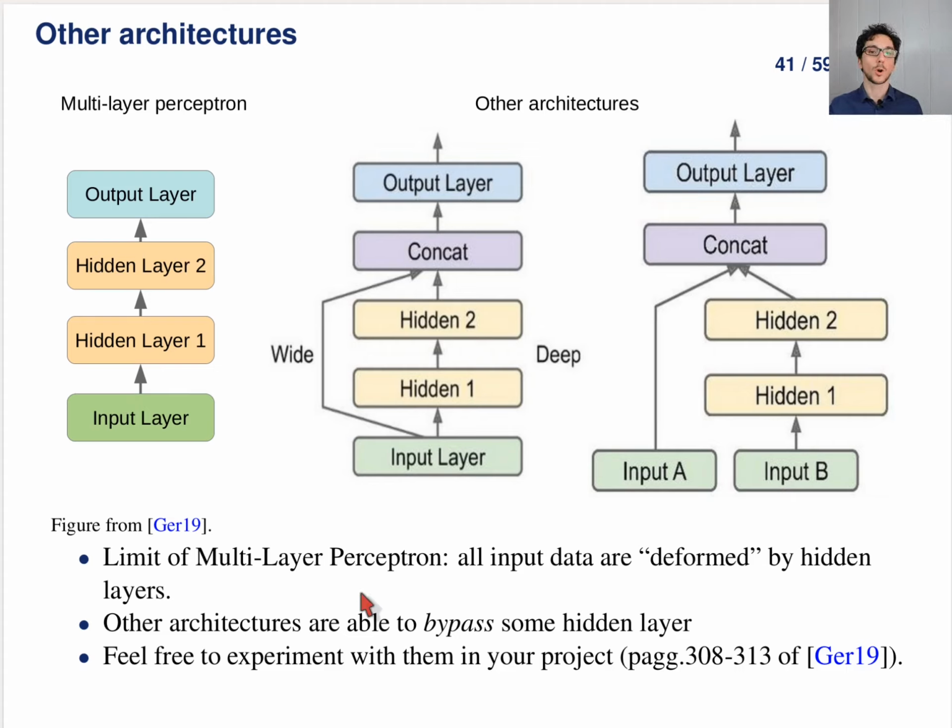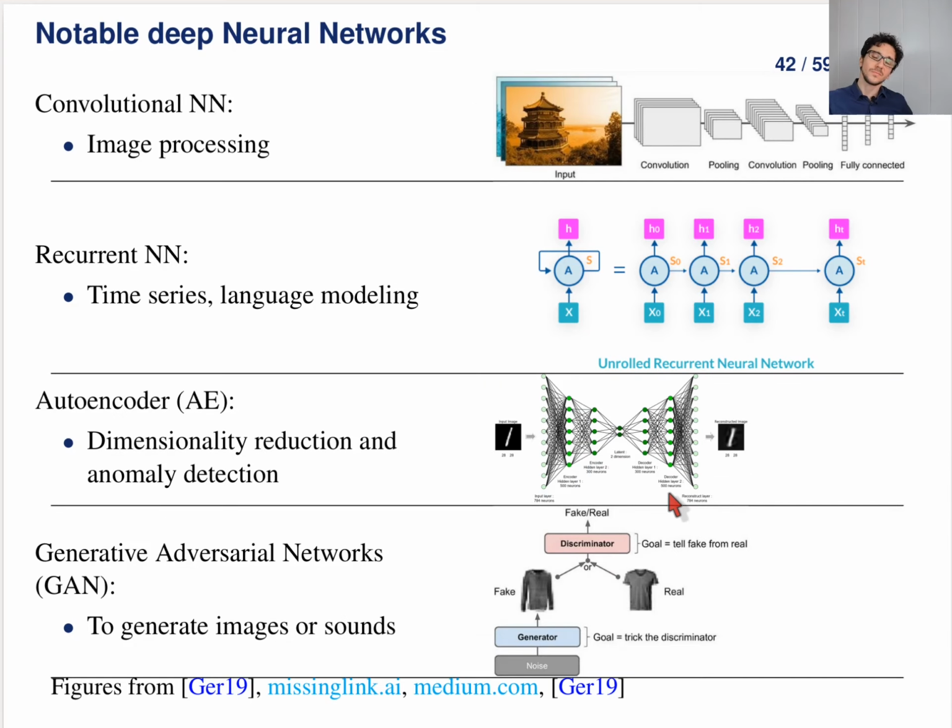But you may have more complex architectures in which the output of a certain layer can skip some layers, like here, and go directly to some other layer. But we will not have the time to cover this, so it's just to mention it to you.